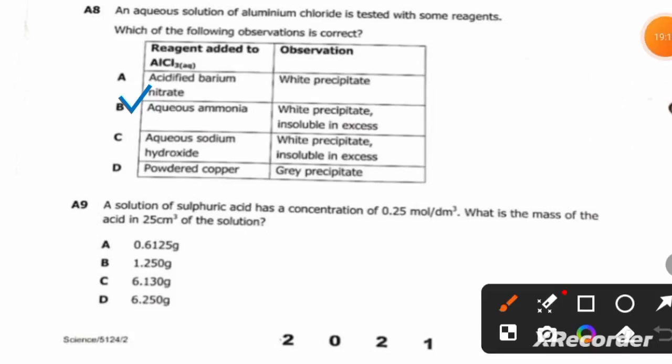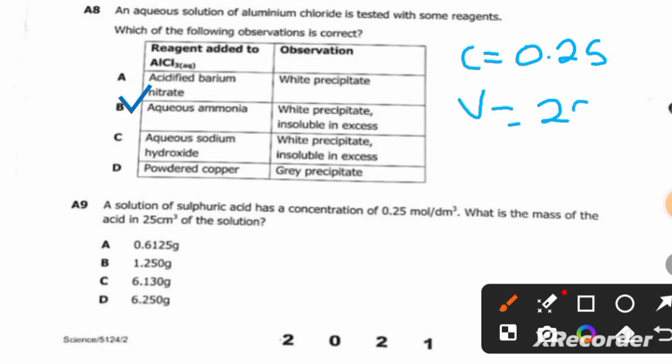We are given the concentration, which is 0.25 mole per cubic decimeters. We are also given the volume, which is 25 cubic centimeters.